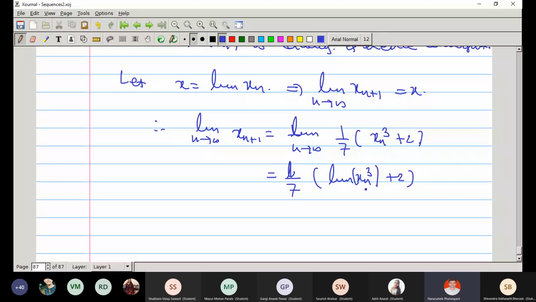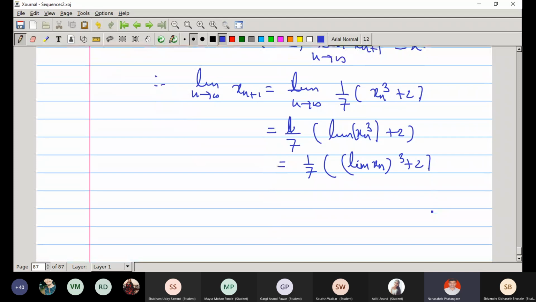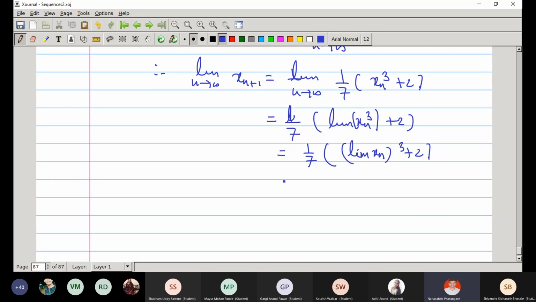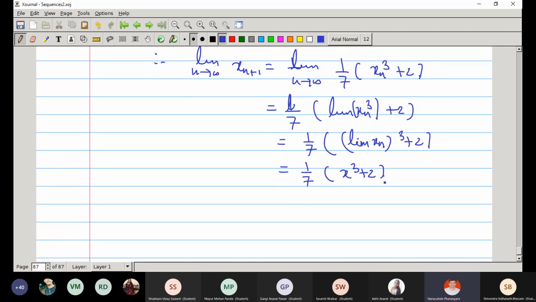But xn cubed is a product of three sequences xn, xn, xn, and we know that the limit of a product is the product of the limits. So it is 1/7 times (the cube of the limit of xn, plus 2), that is 1/7 times (x cubed plus 2), where x is the limit of xn.